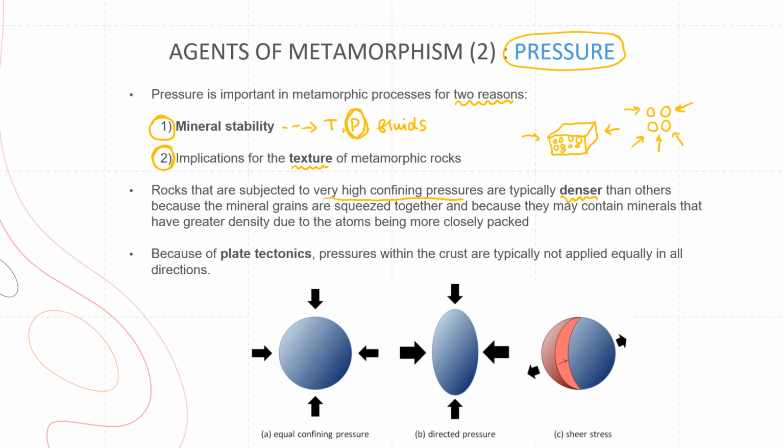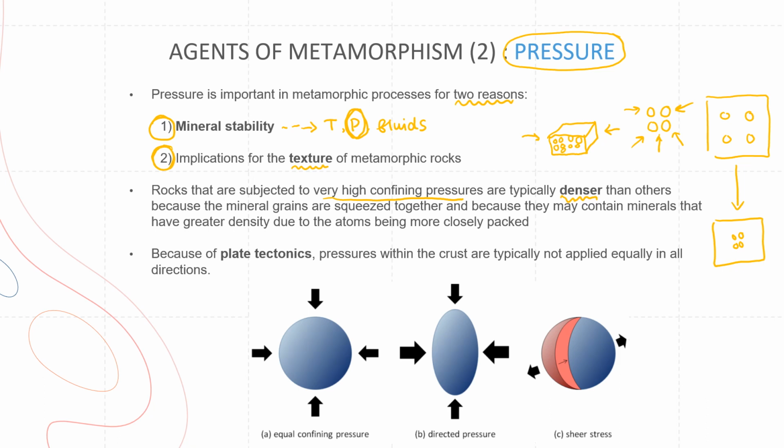If you remember our example from earlier in this lecture, where the atoms were further apart, and then they become more closely packed. This is an example of how it becomes denser because of this high confining pressure.